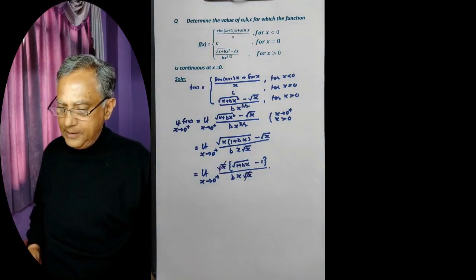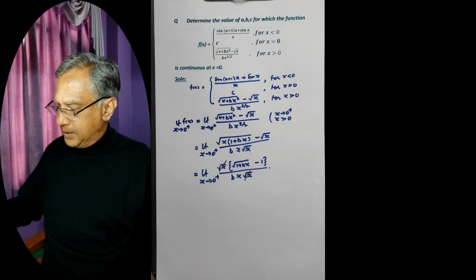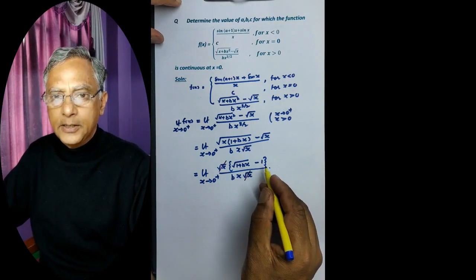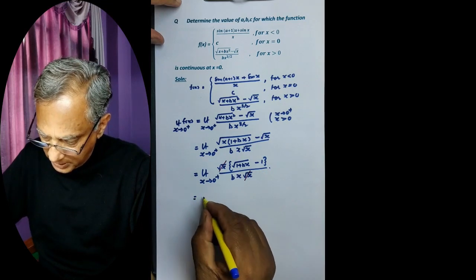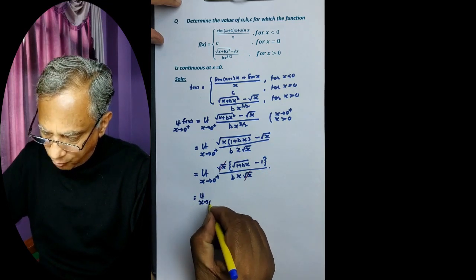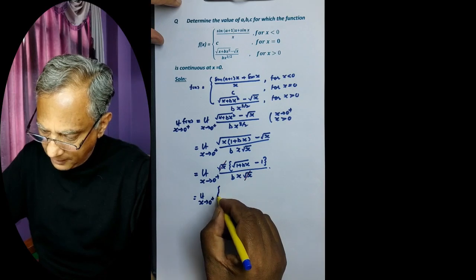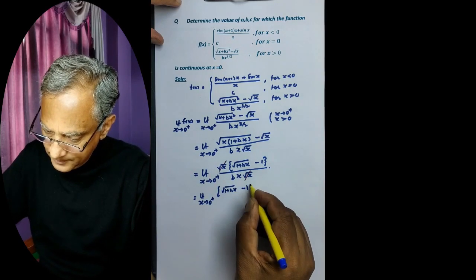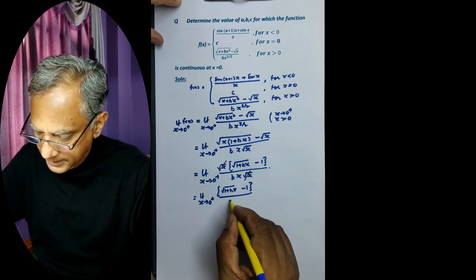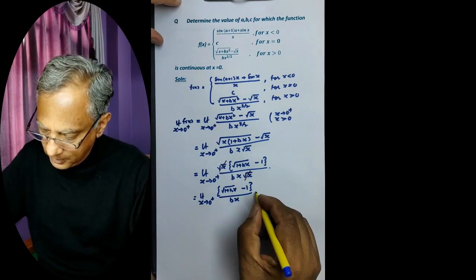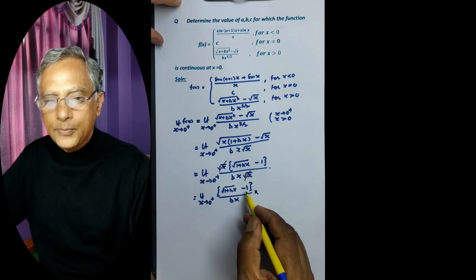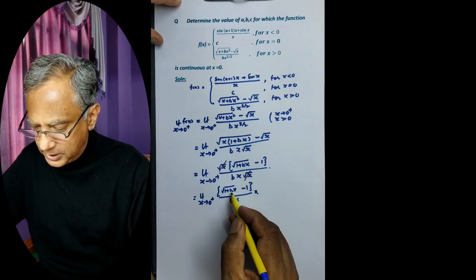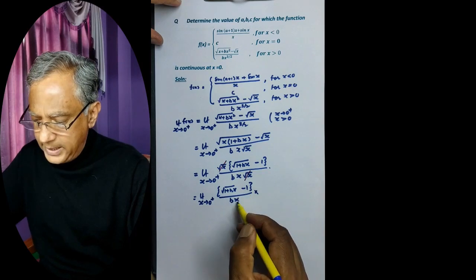In this we must rationalize the numerator. This is equal to limit x approaches 0 from the positive side. We are left with under root of 1 plus bx minus 1 whole divided by bx, and we must rationalize this numerator, because when we put x equal to 0, this will be 1 minus 1 is 0, 0 by 0 form.